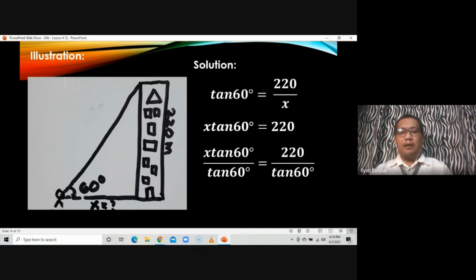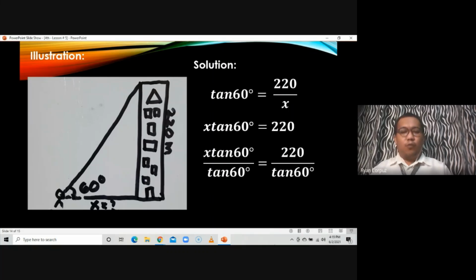For the modern scientific calculators that you have na mayroong fraction, simply press the fraction part. On the numerator, write 220, while on the denominator, press tan, which is the symbol for tangent, press 60, then press DMS for degrees. Then press equals. So you'll get the value of x.